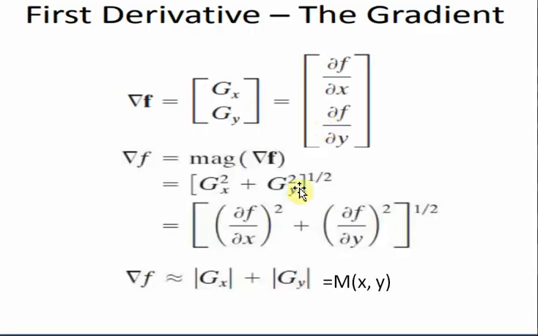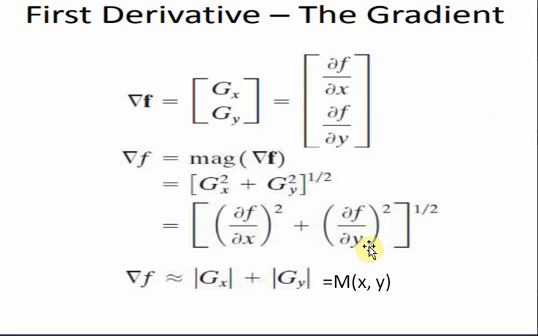Based on this, what is dou f by dou x? We already noted that one. Dou f by dou x is nothing but f of x plus 1 comma y minus f of x comma y. Am I correct? What is dou f by dou y? F of x comma y plus 1 minus f of x comma y.